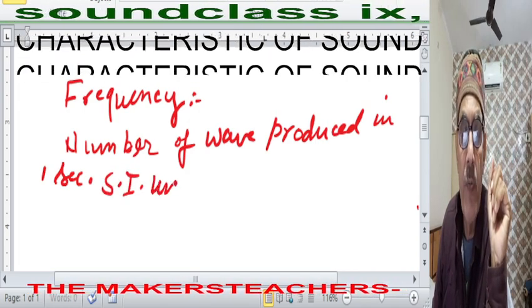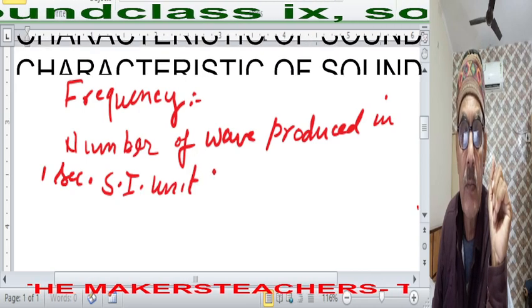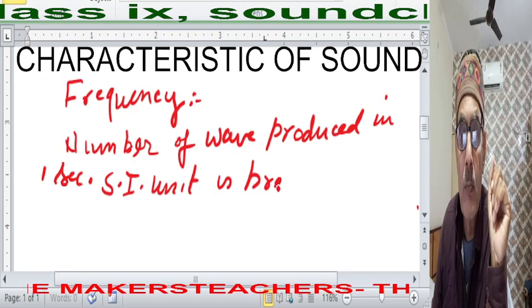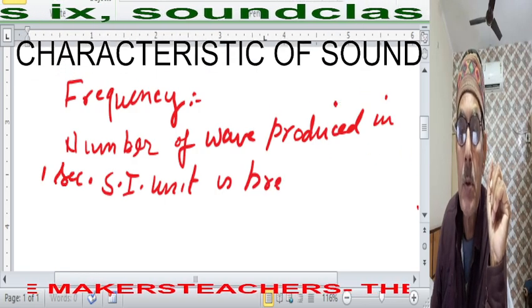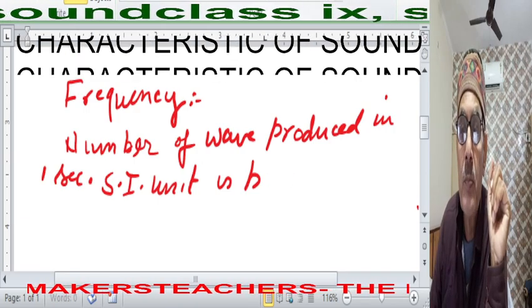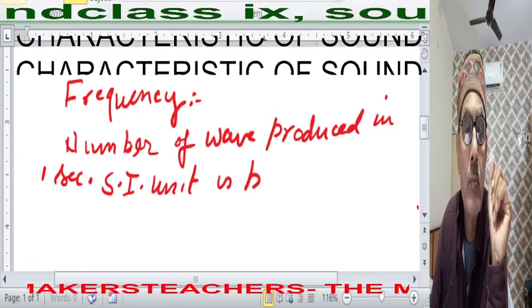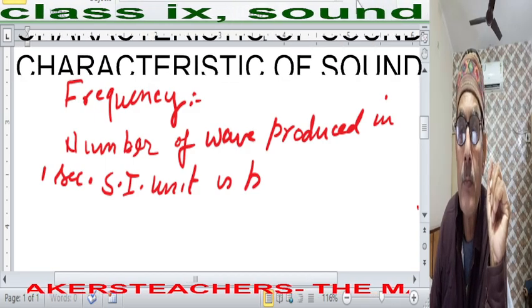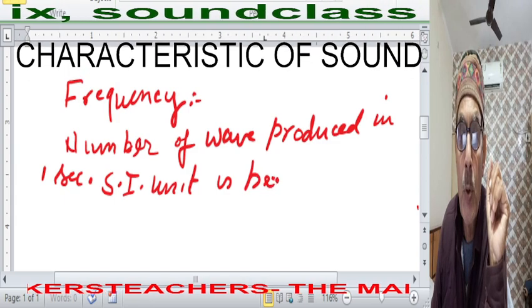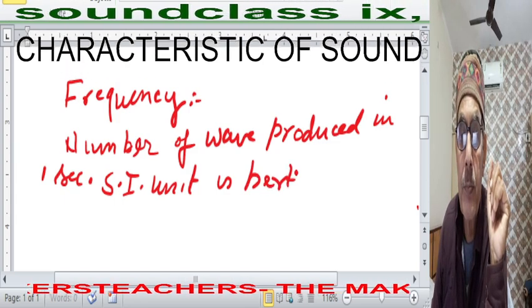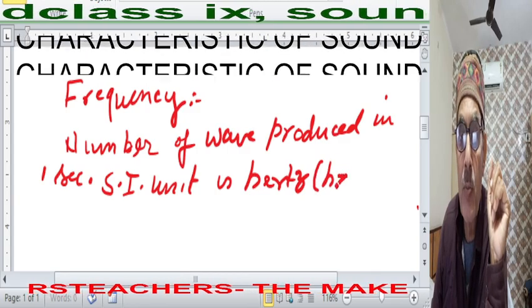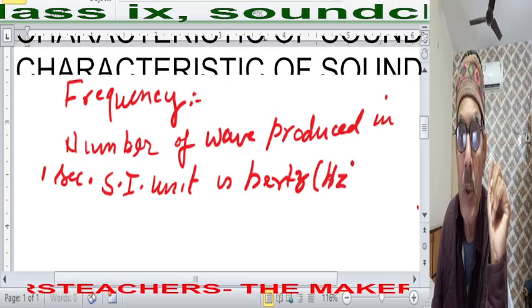SI unit of frequency is hertz. हर्ट्ज, हम लिख सकते हैं Hz also.